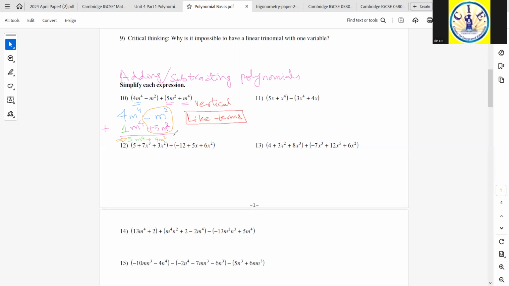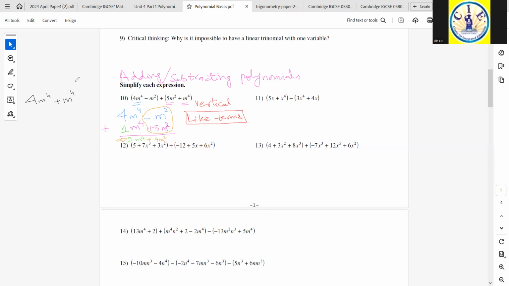There is another method. Let me solve it with that as well. I need to see that 4m raised to the power 4, then plus m raised to the power 4. These are the like terms.